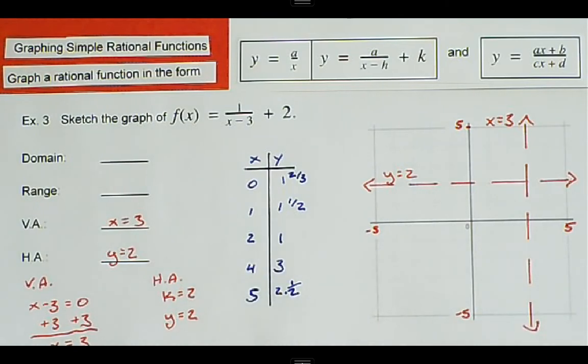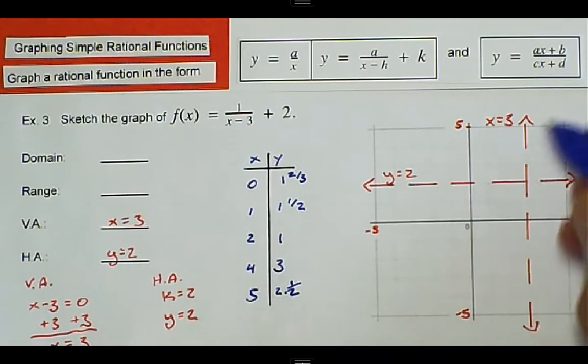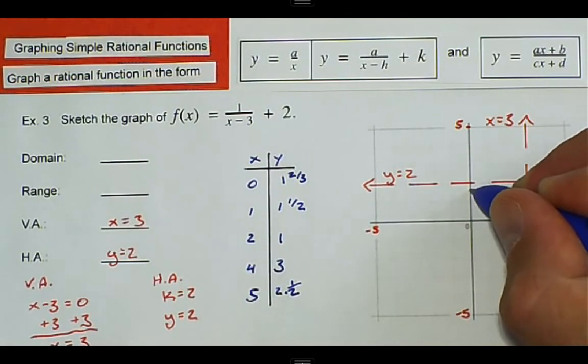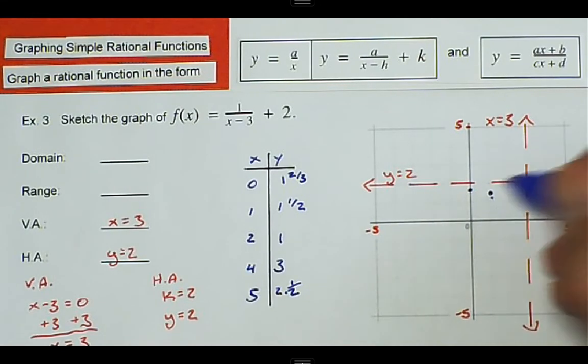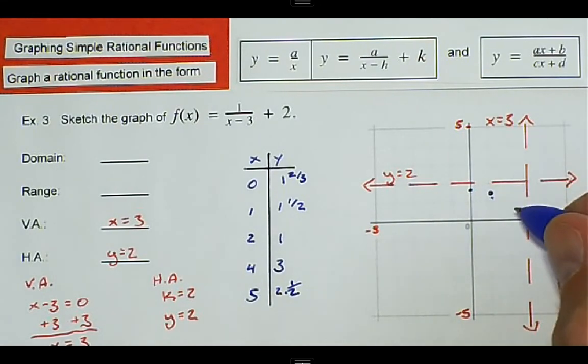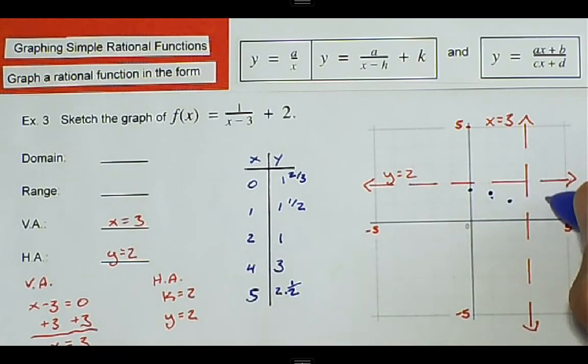And so when we go to substitute these in, we can plot these points. We get 0, 1 and 2/3. We get 1, 1.5. Then we get 2, 1, 4, 3, and 5, 2.5.